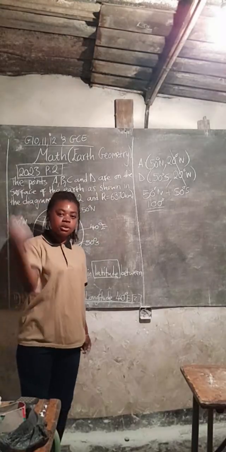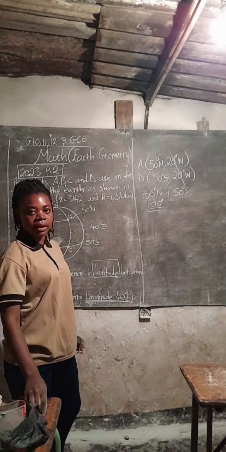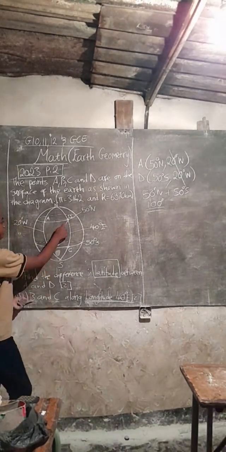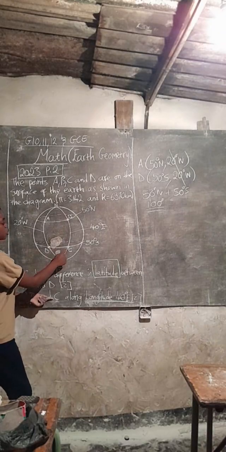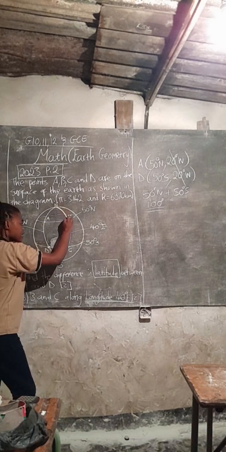If they say longitude, we know we're dealing with the what? The great circles. So where is point B? Point B is this one. Point C is this one. When you look at these 2 points, they are on the same longitude, which is this line.